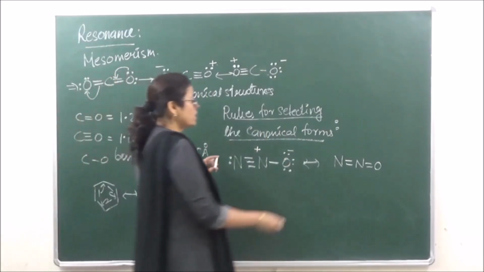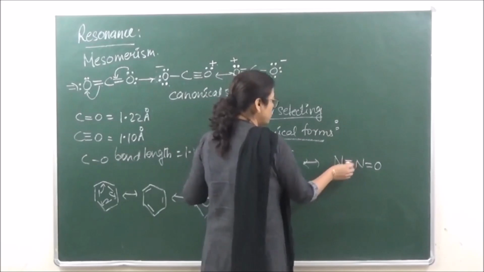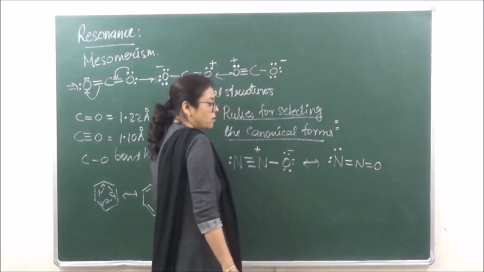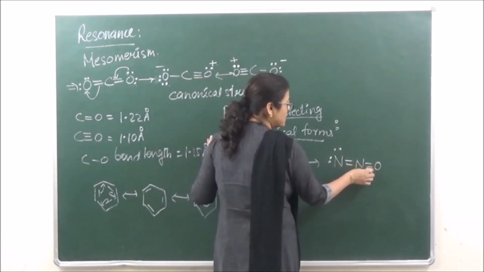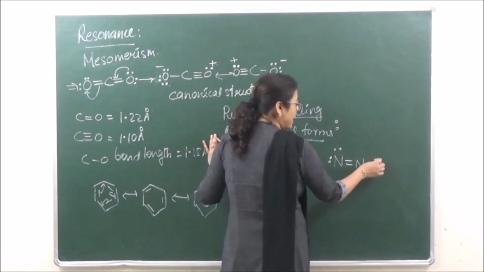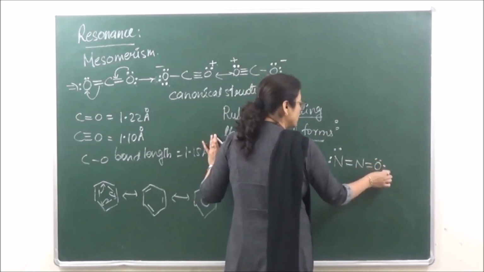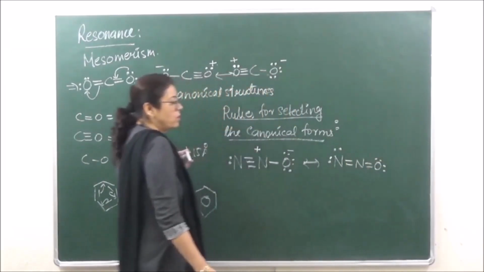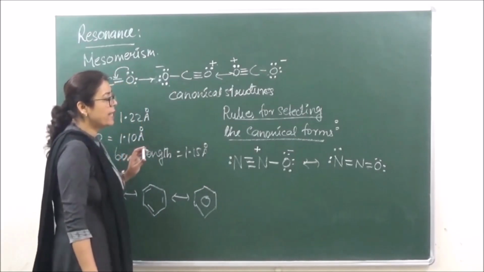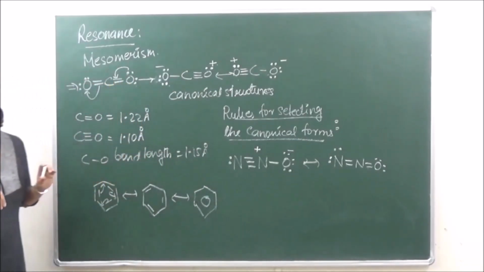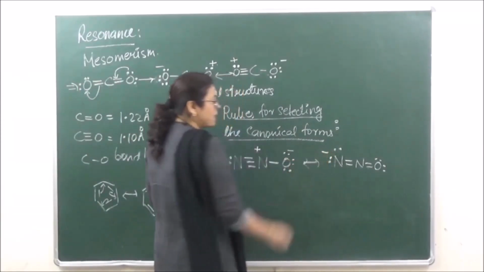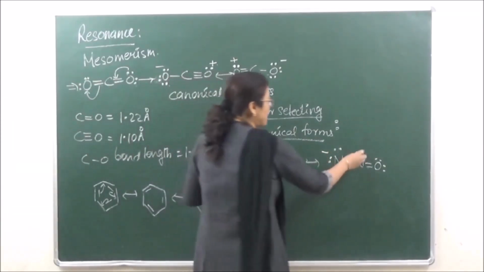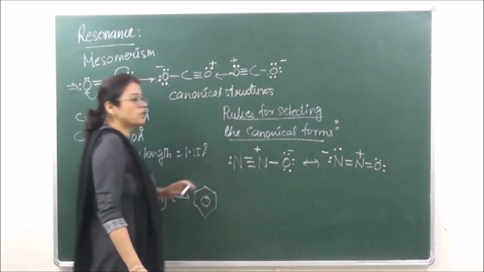When we go to this, let's again 1, 2, 3, 4. So we have 4 over here. No, there is 1, 2, 3, 4, 5, 6, 7, 8. Nothing over here. And 1, 2, 3 and 4. Okay. So now when we are looking at the charges over here, what are we going to say? That the negative charge is going to be on this nitrogen and the positive charge is going to be on this nitrogen.